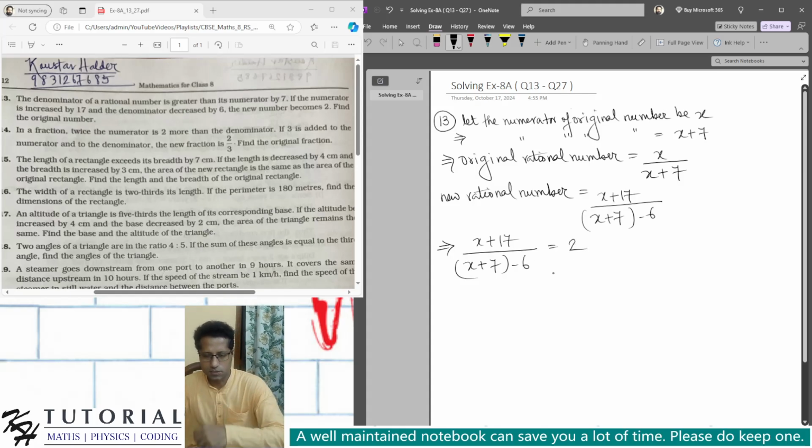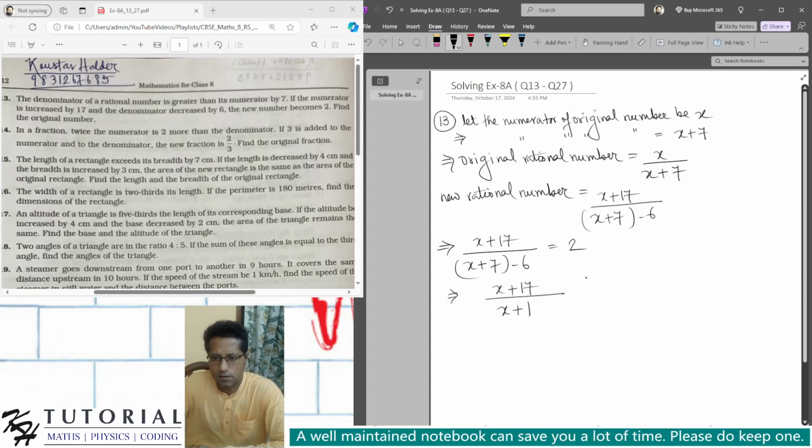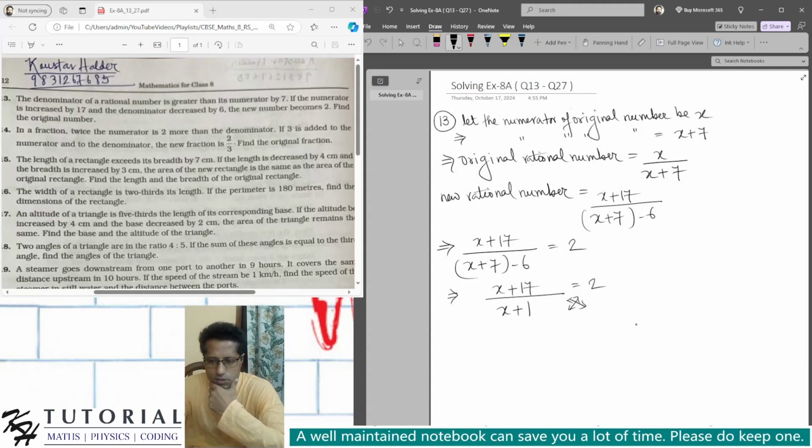So this is the equation we have formed based on the given problem statement, and let's do a little bit of simplification in the denominator part. We have x plus 17, the denominator becomes x plus 7 minus 6, which is x plus 1, equal to 2. Now we will do cross multiplication. This kind of equation, where the LHS or the RHS is a rational form where both the denominator and the numerator have variables, we do cross multiplication.